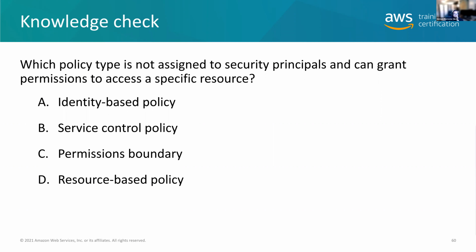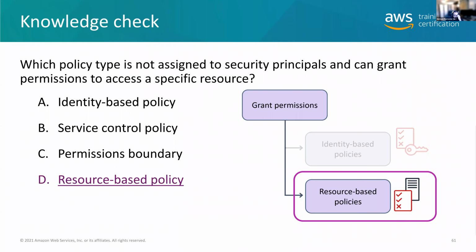So it's not going to be an identity-based policy, right? But it can grant permissions to access a specific resource. So that sounds like a resource-based policy, right? Service control policies and permission boundaries can never grant you access. They can only allow you to have access. They don't grant it.